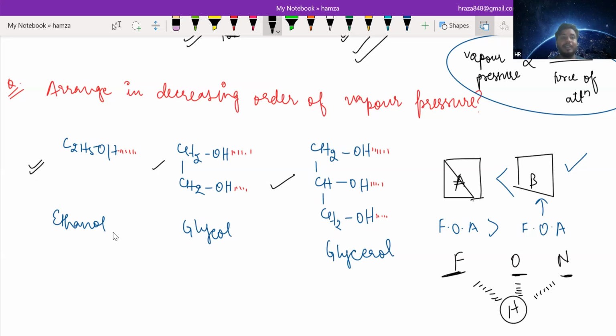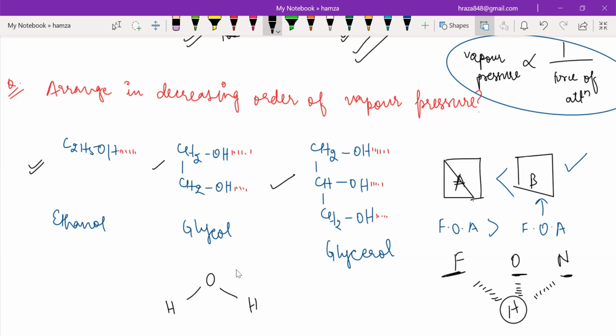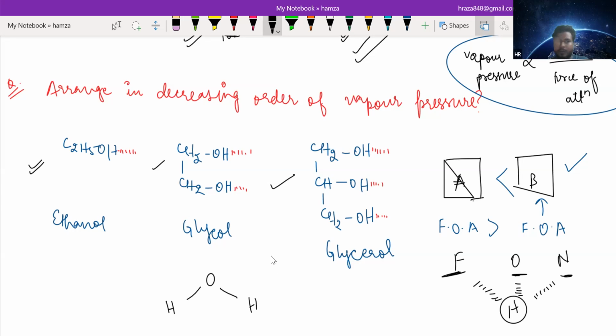So in case of water, it is not actual bonding like a covalent bond. You can see H2O. These two bonds that I have written in black color are covalent bonds. Yes or no? Yes. In a container, there are millions of molecules. If you have a cup of water, it will have millions of molecules of water.